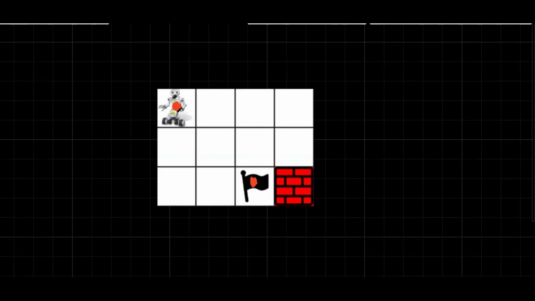Now, in one possible way, the robot can reach this flag position by using this path. Here, the robot visited all of the cells exactly 1 time, and it did not encounter this obstacle cell.